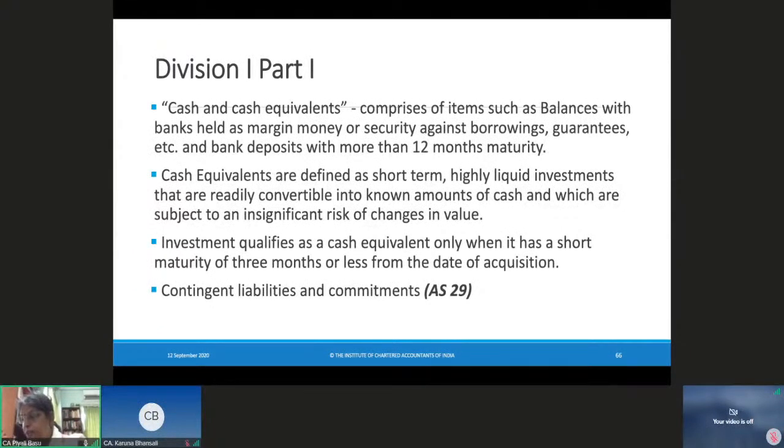Long term has not been defined, but we go by current and non-current. If it is not to be refunded within 12 months, it is non-current, otherwise it is current. If it is to be refunded within 12 months, it should be disclosed as current liabilities.